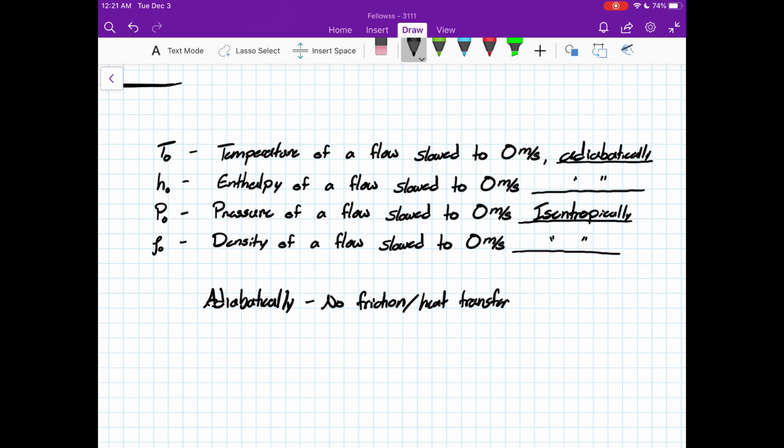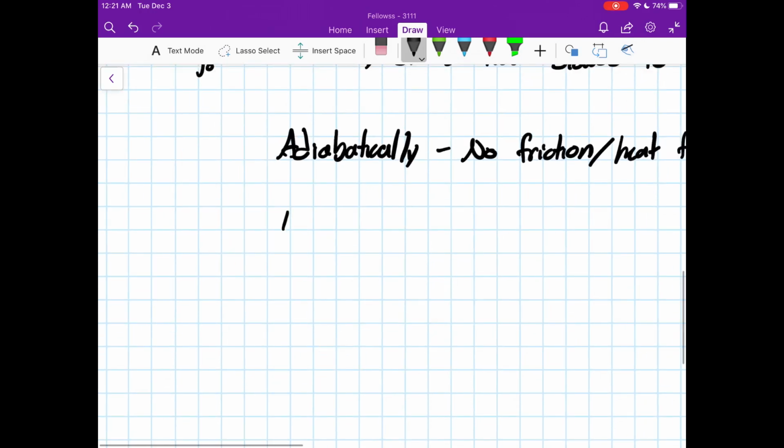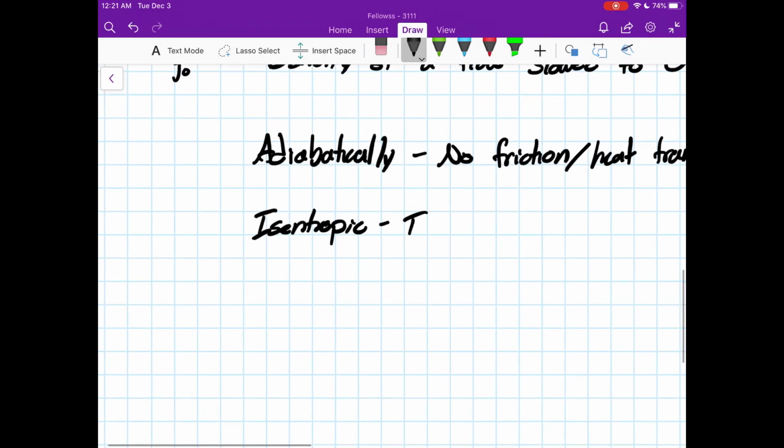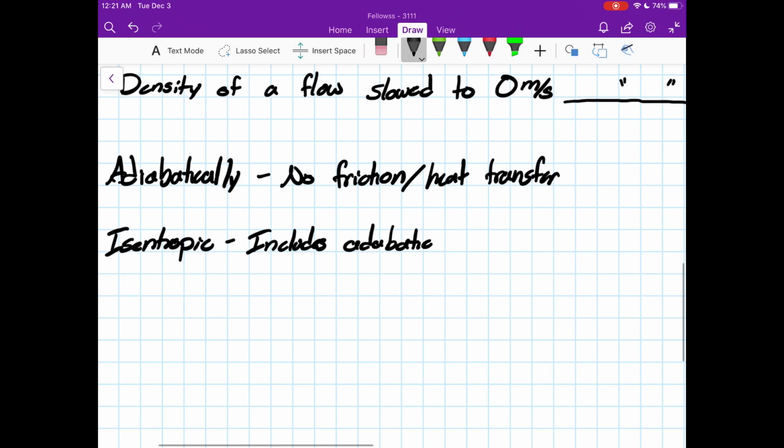Isentropic specifically means that we are not seeing any increase in entropy, right? And so one way we talk about this is isentropic includes adiabatic, right? If something is isentropic, you're not going to have any heat transfer, because that would indicate that you're losing some usefulness.